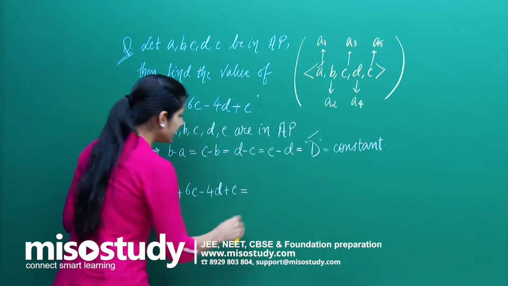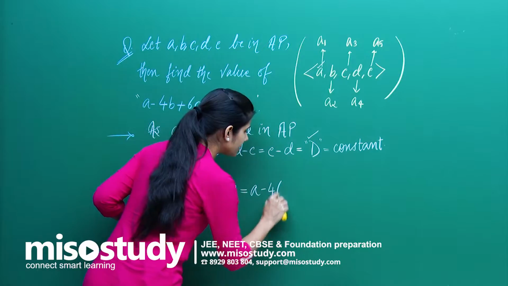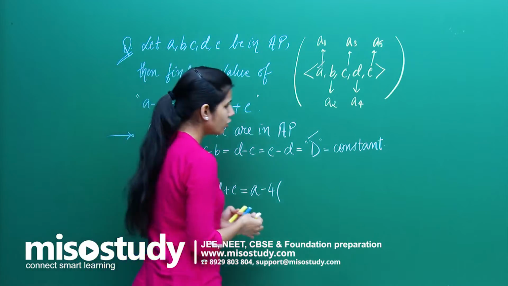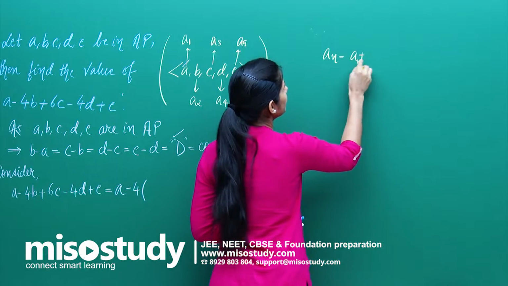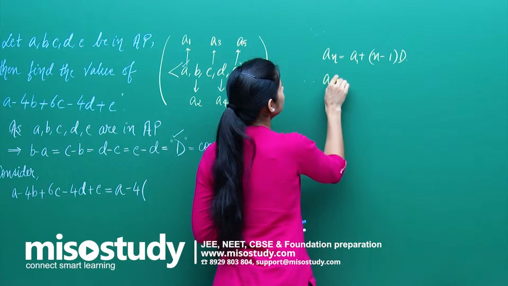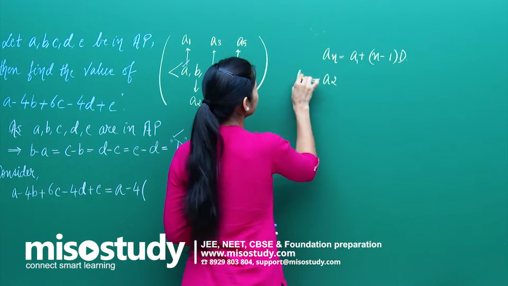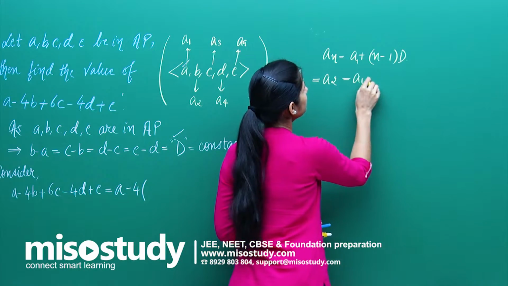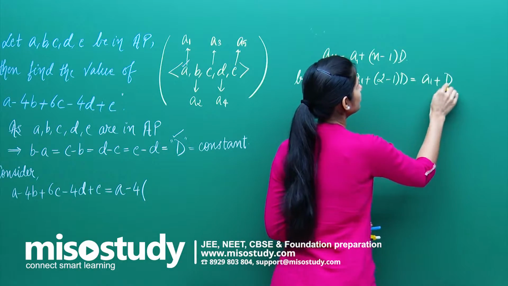So, A, leave it as it is, it's already in terms of the first term, minus 4 times B, which is the second term. If you want, you can write an equals a1 plus n minus 1 into d. What is my second term? a2, that is B, is equal to first term plus 2 minus 1 d, which is a1 plus d.